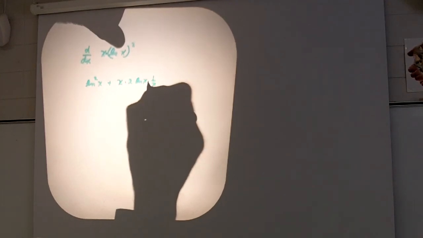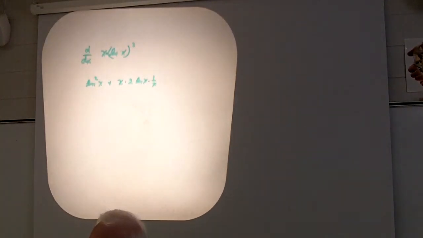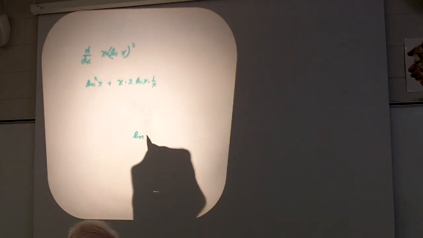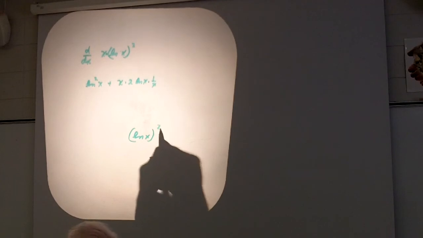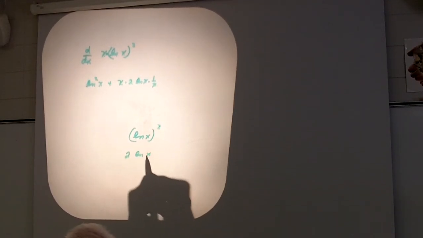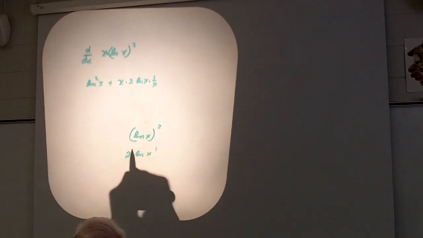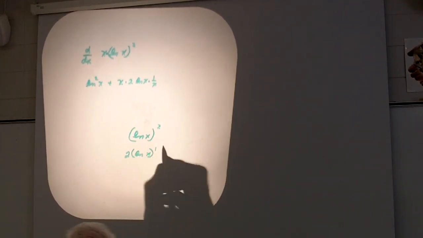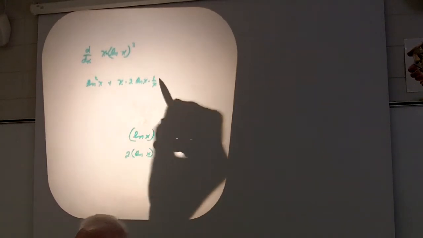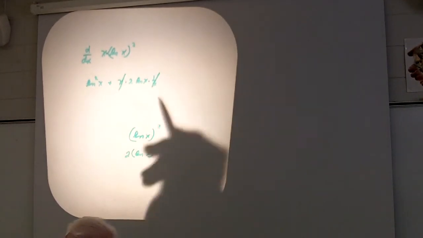Like that. Okay, we'll just take this. Just this part. That's going to be 2 out in front, 2 ln of x to the first. And then the chain rule on the inside is 1 over x. And now we have an x up here. So now I would expect you to cancel that like that.